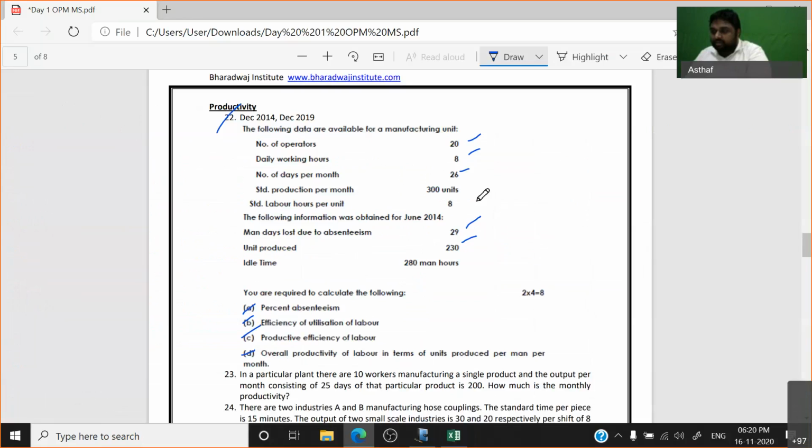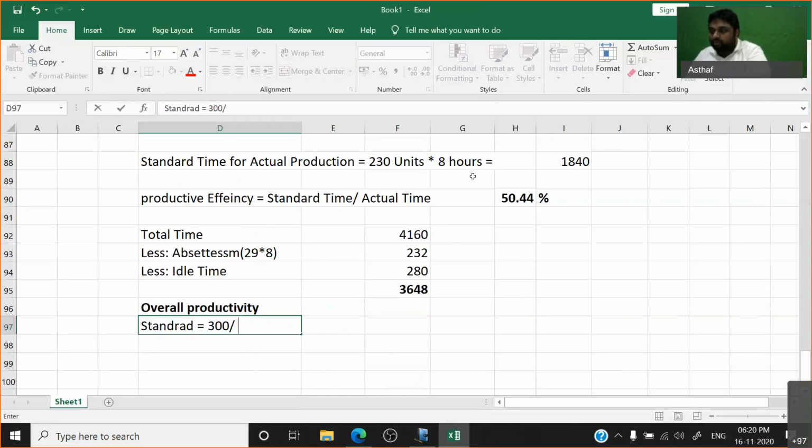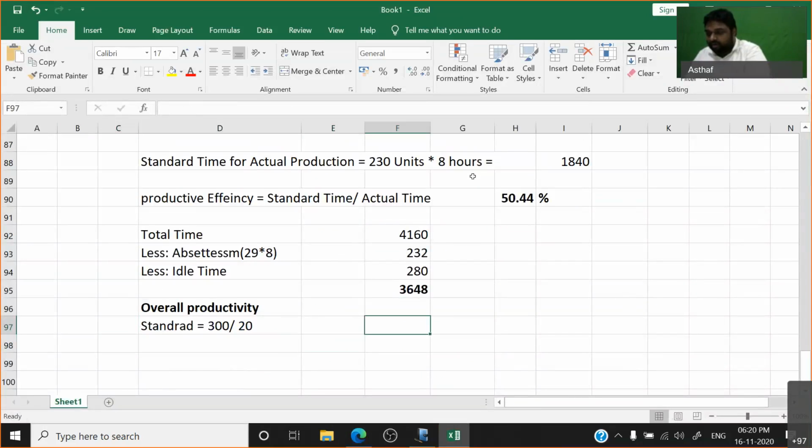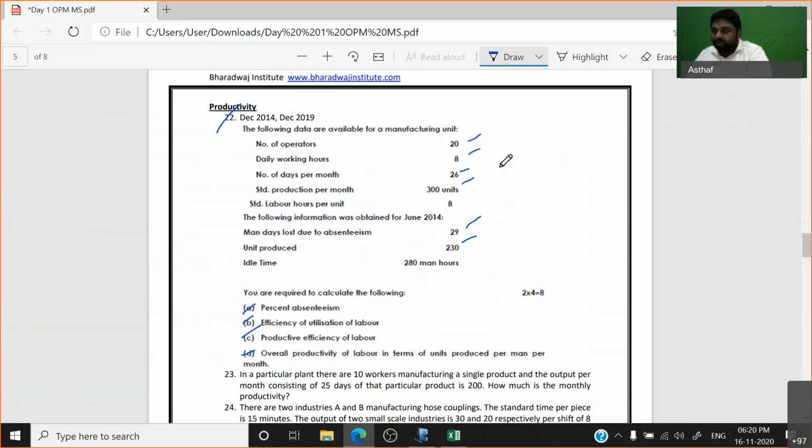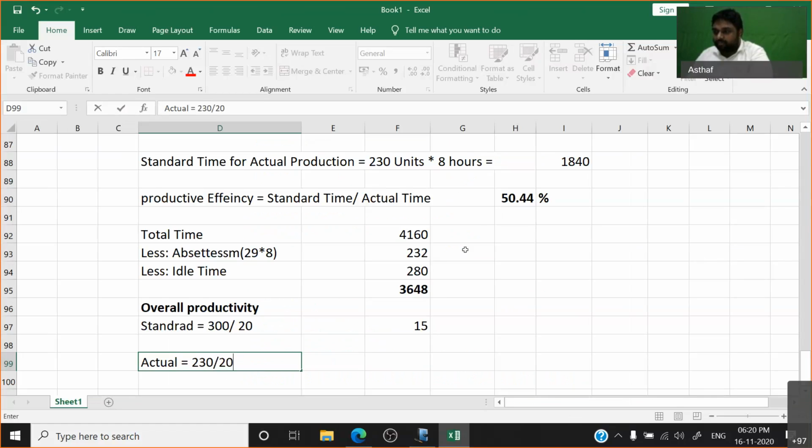Standard 300 units out of 20 operators. So what will come? 300 by 20, 15. What is the actual? Actual production is only 230. So 230 out of 20.